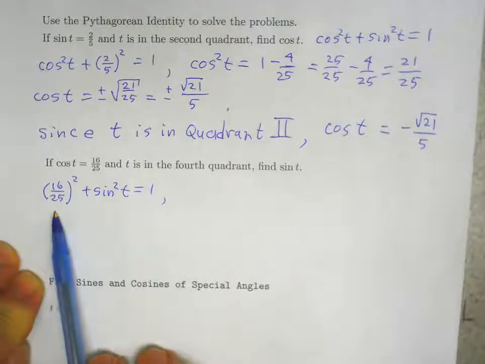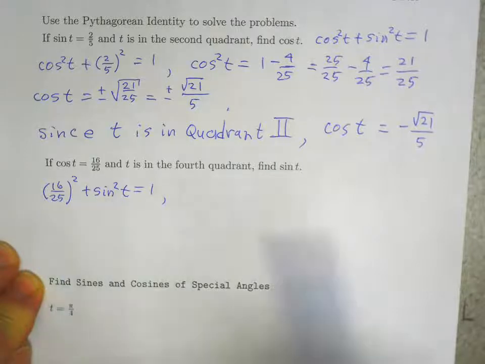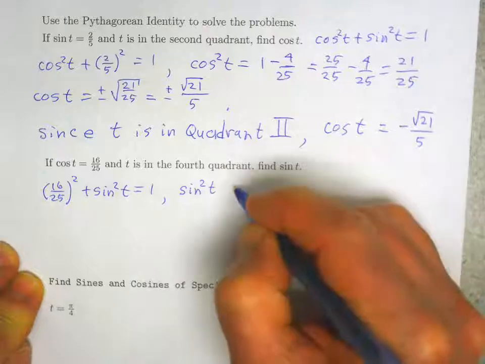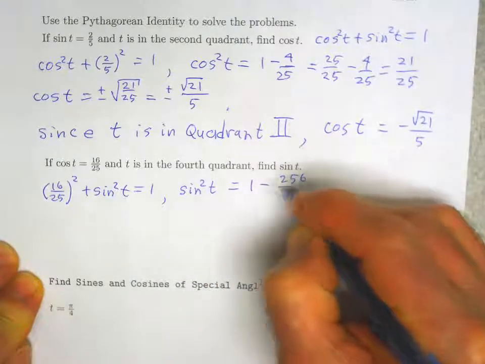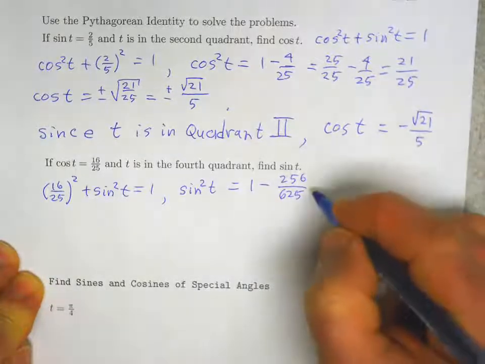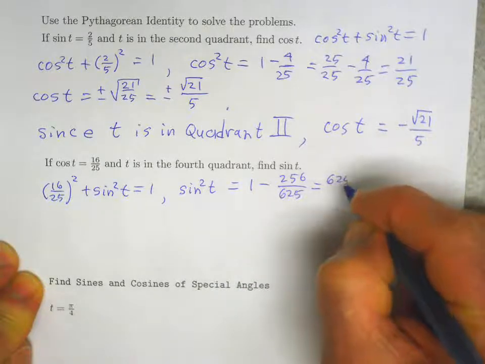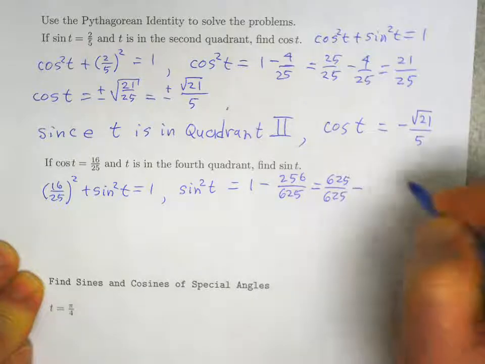And when you square the fraction 16/25, you get 256 over 625. So sine of t squared will be 1 minus 256 over 625. And we can replace 1 with 625 over 625, so it has a common denominator.